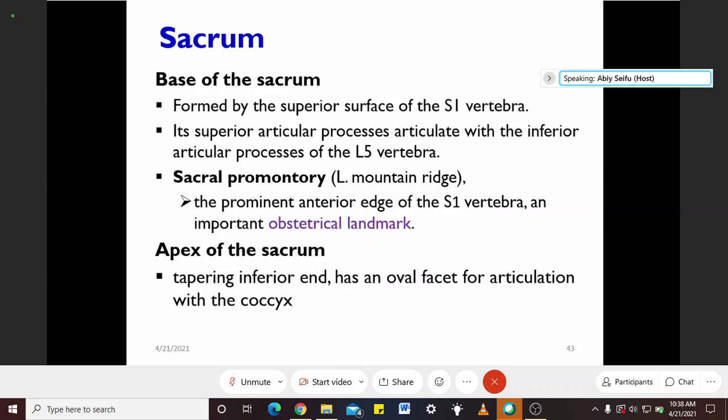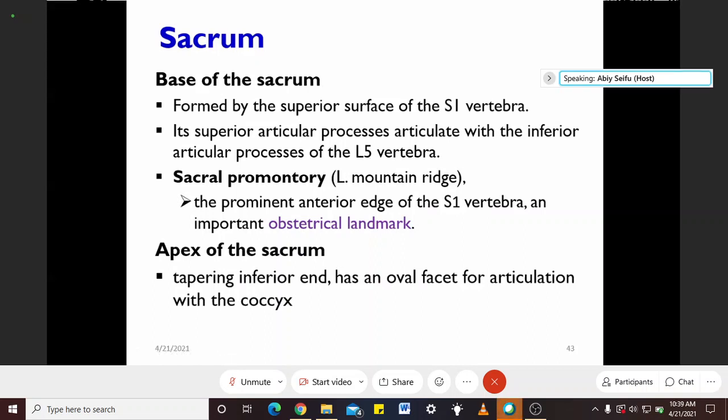Okay, the base of the sacrum faces superiorly and articulates with the fifth lumbar vertebra. It is formed by S1, and there is also a superior articular process that arises from S1 and articulates with L5.